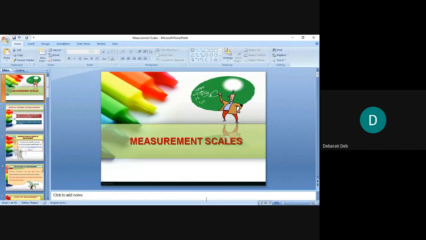For that, the measurement scales need to be taught to you, so that you can understand that if I want this data, then I have to prepare the question in this way, so that the respondent's reply comes in such a manner that the results itself are in numerical form, okay? So the measurement scales need to be understood clearly.